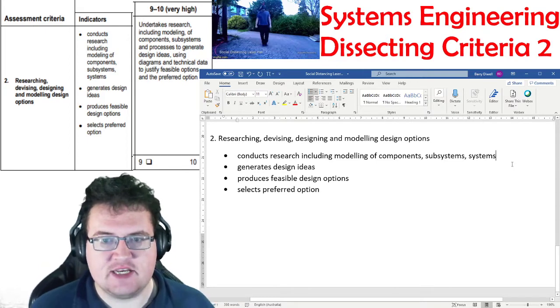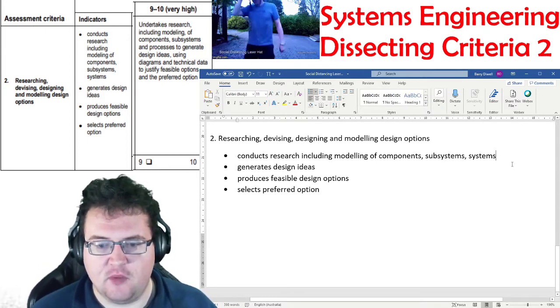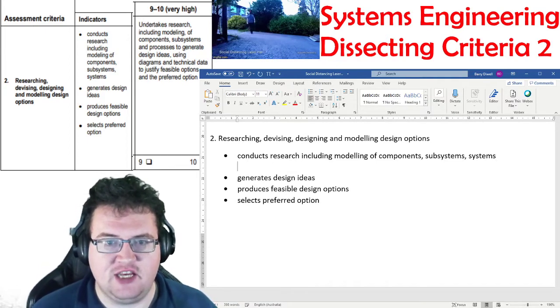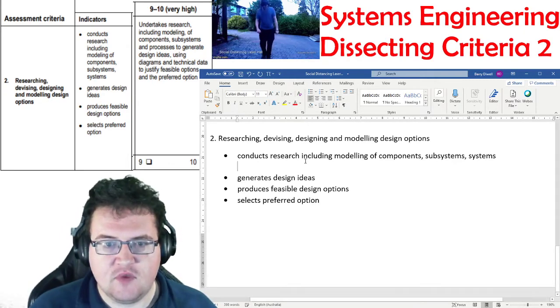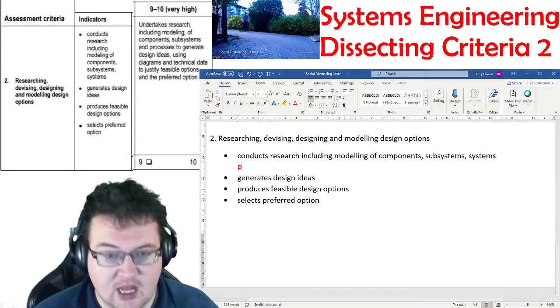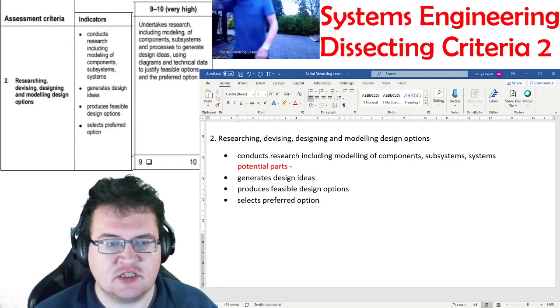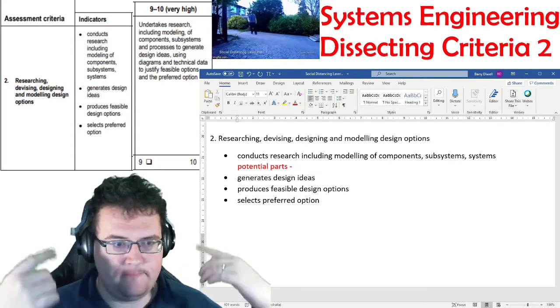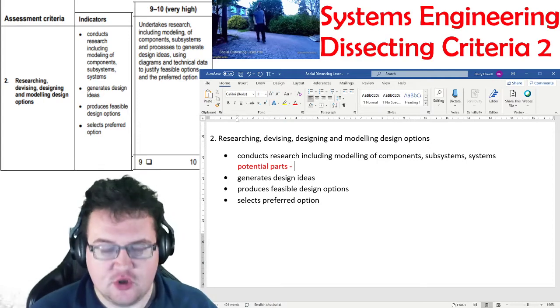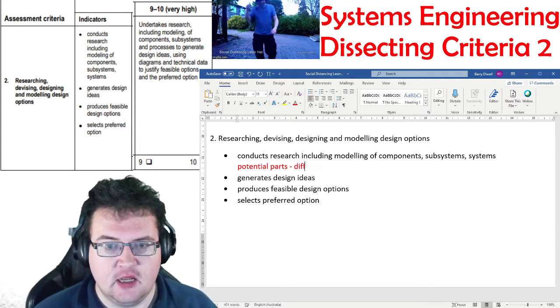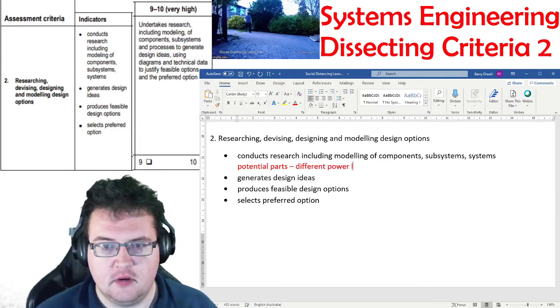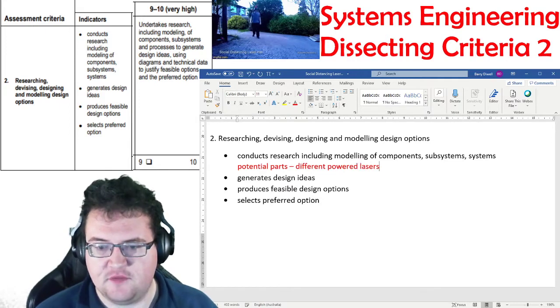So conduct research, including modeling of components. So what you should have in here are things such as potential parts. So in the context of this project, the laser hat, you might want to look at the different powered lasers.